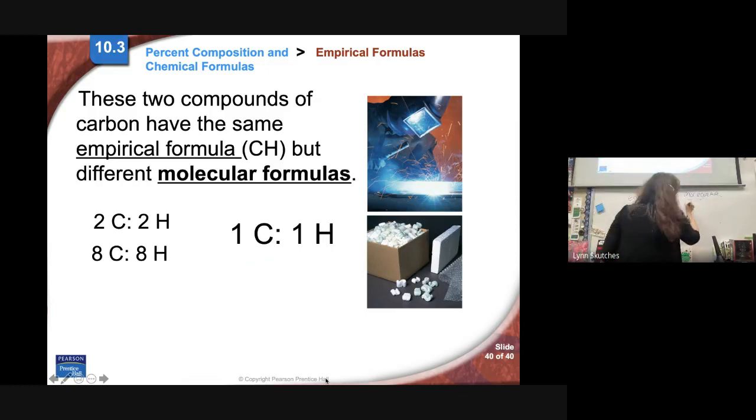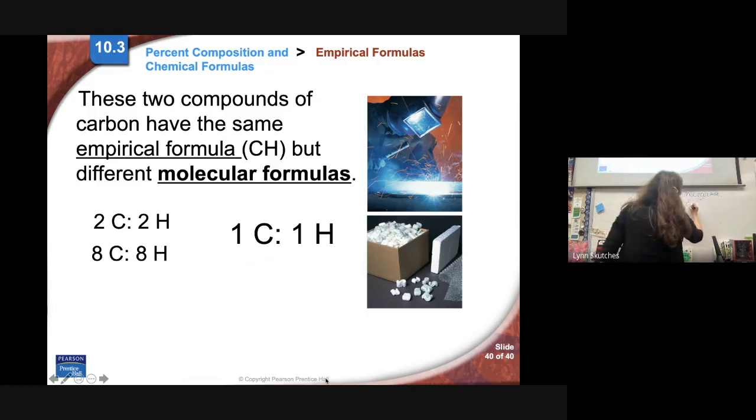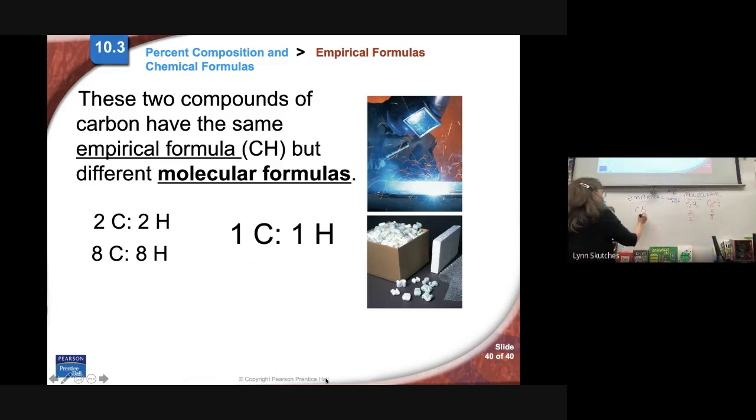Molecular, it's double, or I don't know what 8 times is, octuple. And it could be 6 times. There's benzene that's 6. There's all different ways to get the same 1-to-1 ratio for these, but their molecular mass is different.